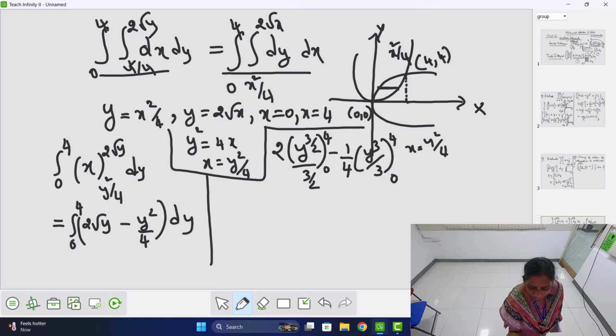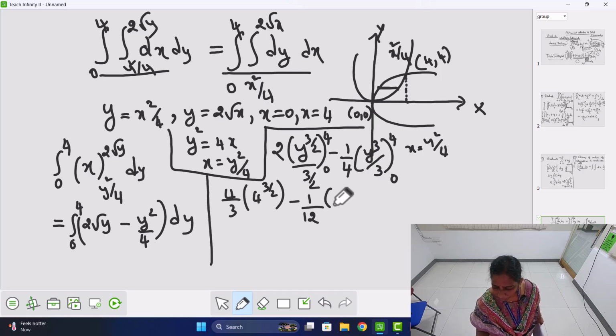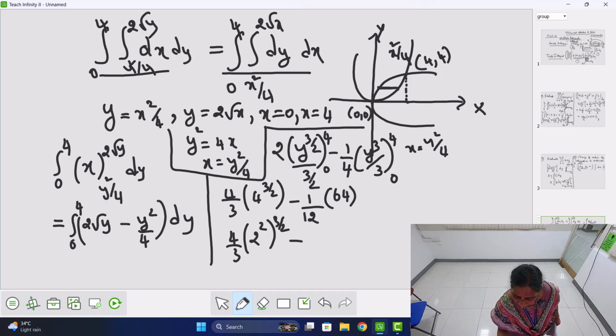So here 2 2's I'll take it out. So 4 by 3 I'll get. Here upper limit is 4. So 4 power 3 by 2 minus 0, I'll get 0 only. So close it. Minus, 1 by 12 I'll take it out. What's the upper limit? 4. So 4 cube I'll get. So it is going to be 64. Okay. So here 4 by 3, I can write 4 power 3 by 2 as 2 cube, minus 64 by 12.